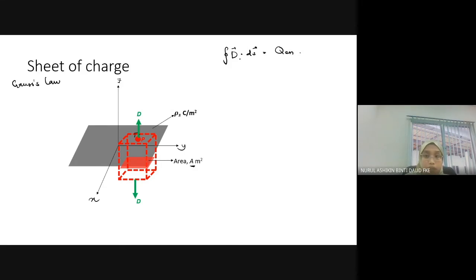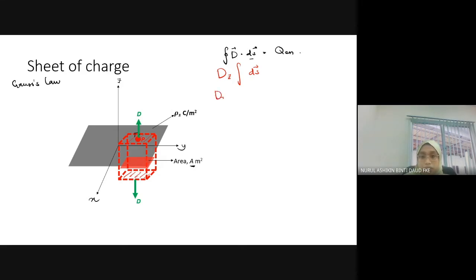In this case our D dot dS becomes D z, because it is the same as the Z direction. This dS is the surface area at the top and the surface area at the bottom, right? Because it is possible to exist in these two directions.